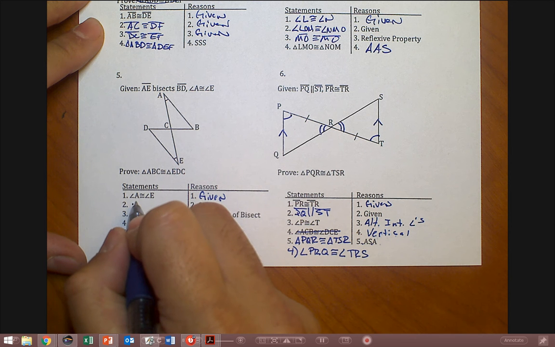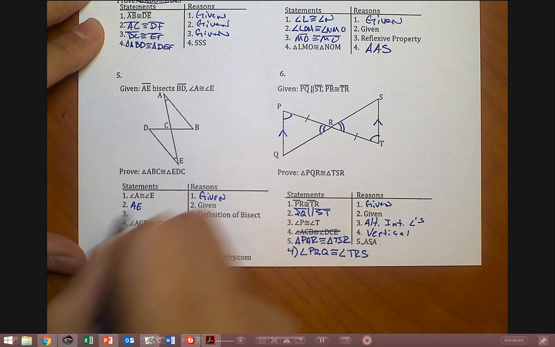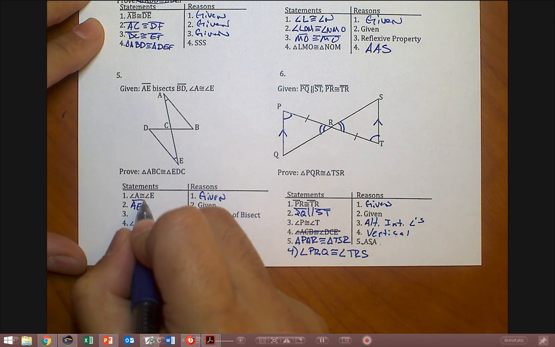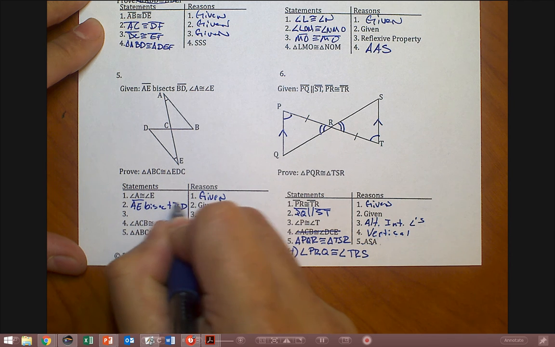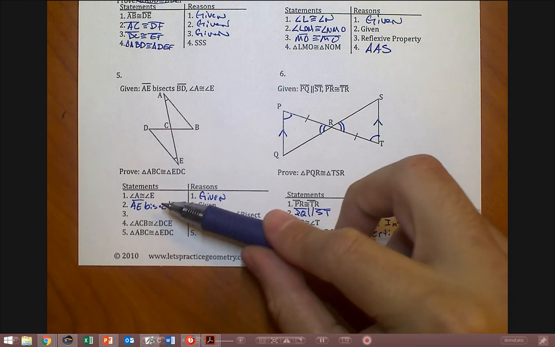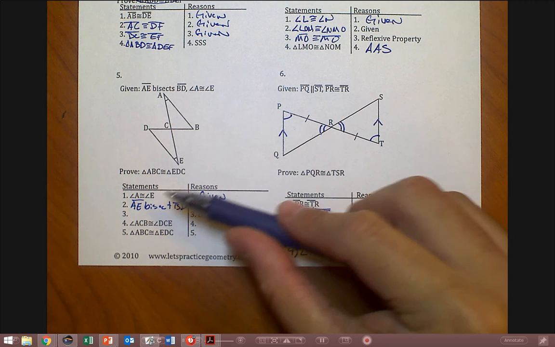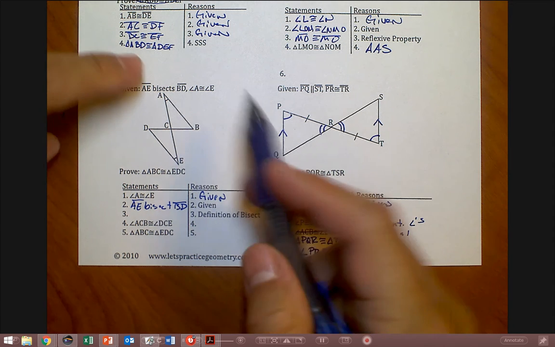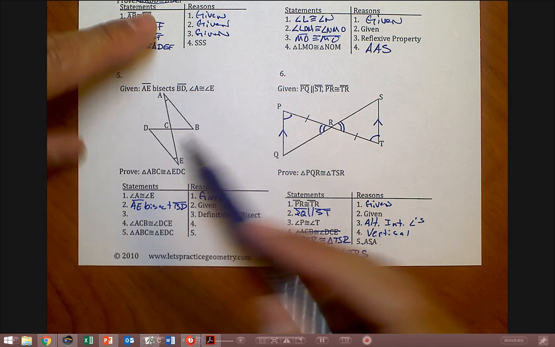Not an angle, it's a line. Line A bisects angle B. There you go. Okay, it's a line segment. Now, so we have that information. AE bisects there, so I have that mark.